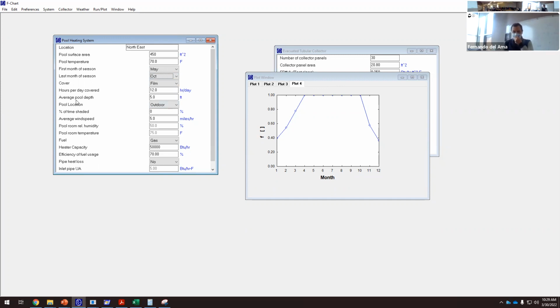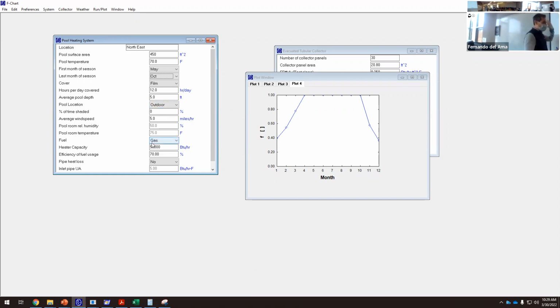The average pool depth, 5 foot average. Okay, that's fine. Pool location, outdoors. This is important. Fuel.